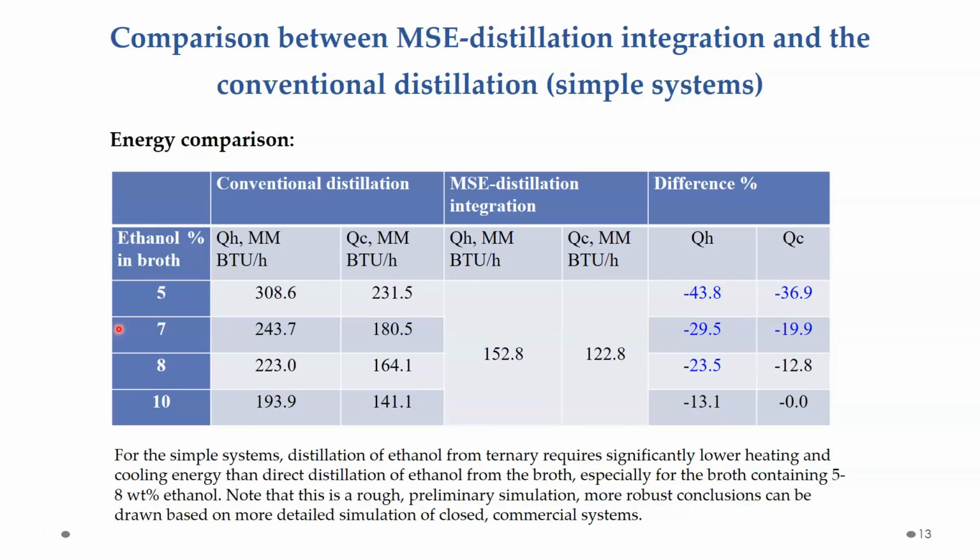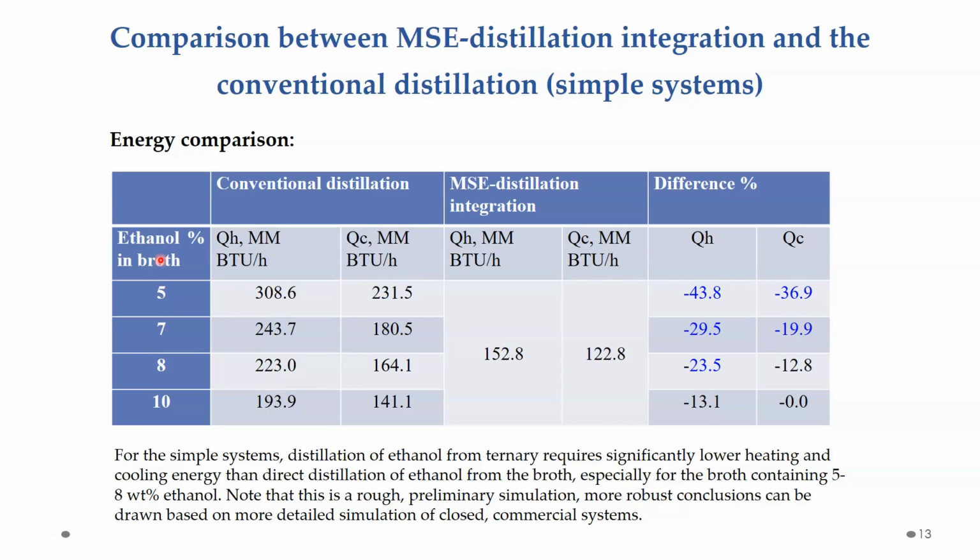The table here shows the energy data from the process simulation. For the conventional distillation, the heating and cooling energy of the 2 distillation columns increase with decreasing ethanol concentration in the broth.